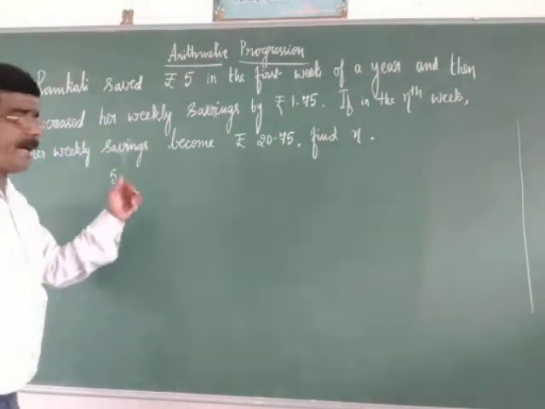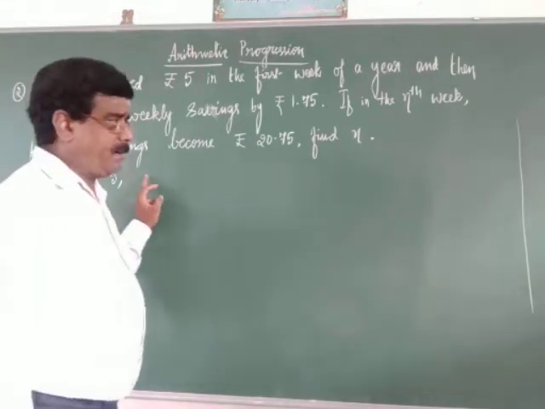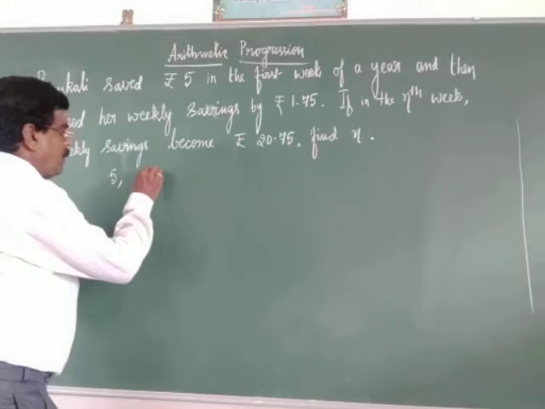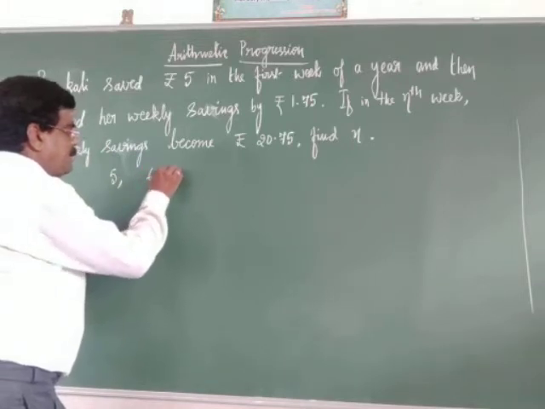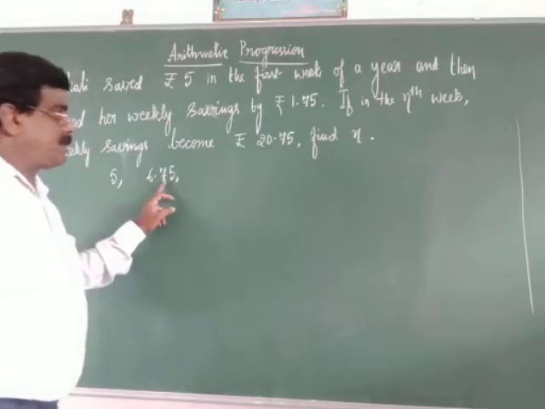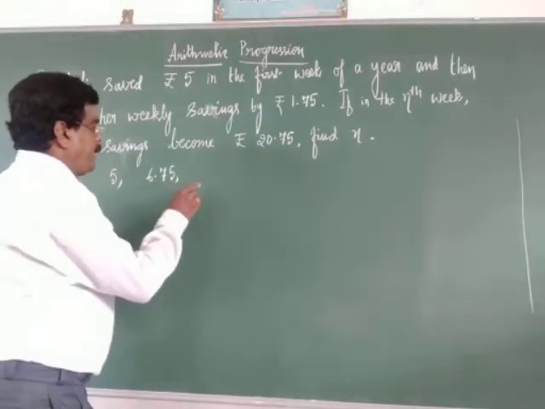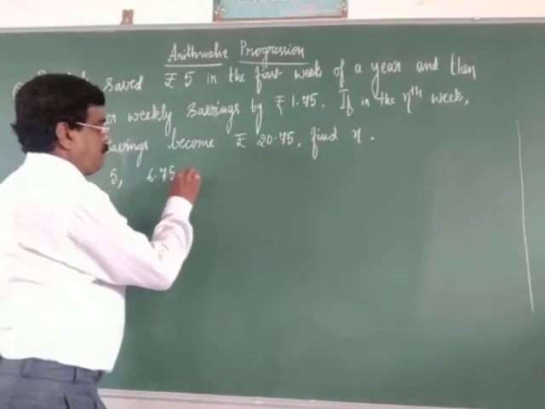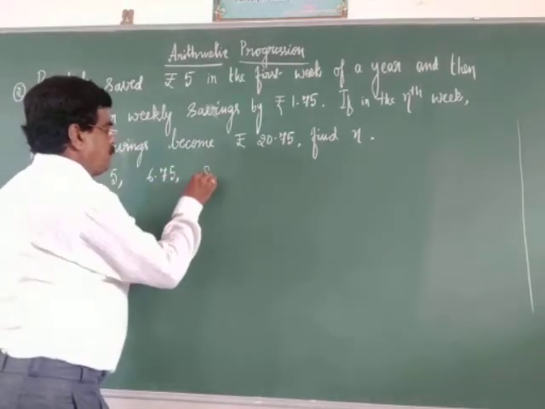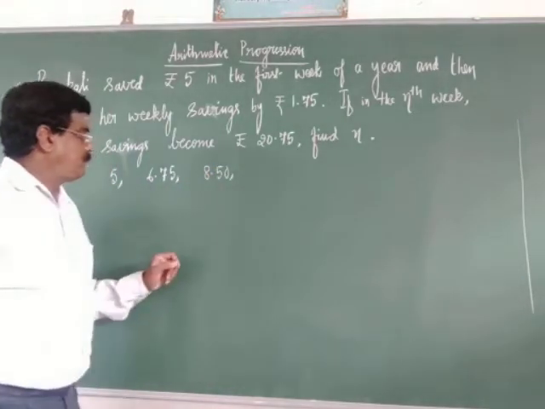Increase by means you have to add 1.75. For 5 rupees, if you add 1.75, you will be getting 6.75. Again 6.75 plus 1.75, if you add, you will be getting 8.50.